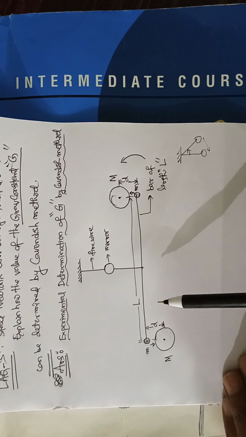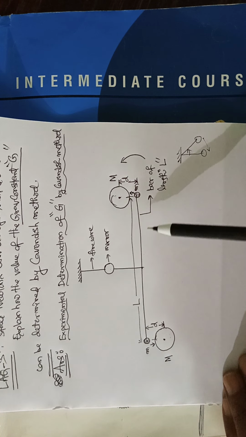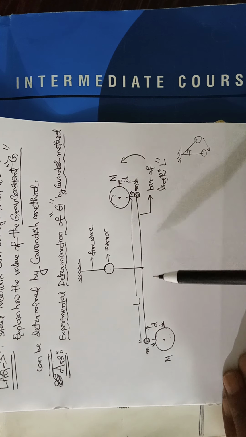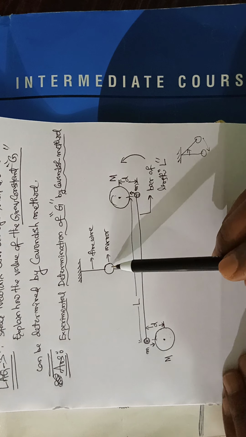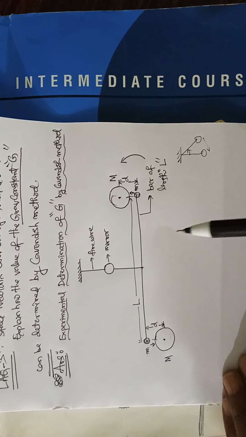When it reaches the equilibrium position, we have to measure by how much angle it was deflected. The mirror gets deflected by some angle. The lamp will be there only.